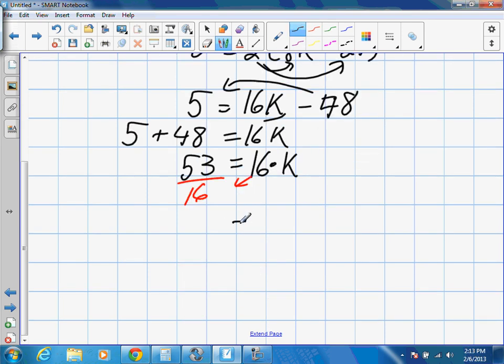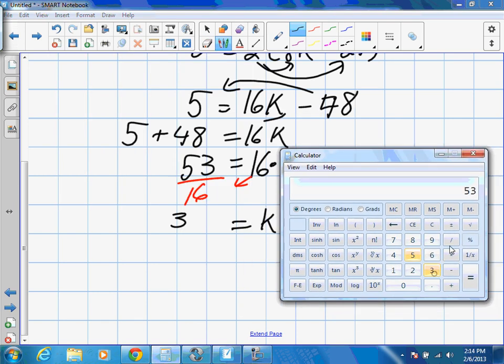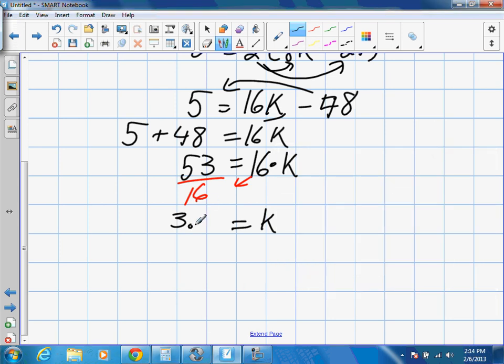So k, in this case, will become 3.3. What is it? I want you guys to round to 2 decimal places, so I'm not exactly sure what it says. 3.31. Perfect. 3.31. And there's our final answer for those two.